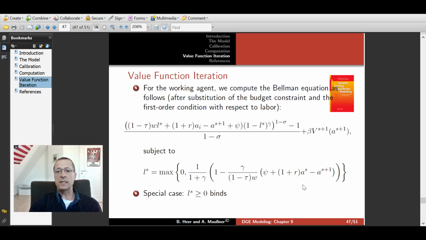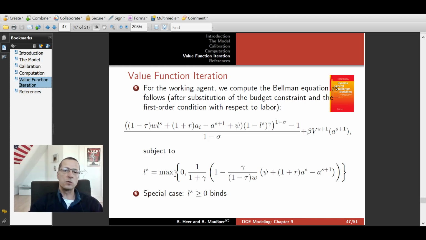In fact, this is actually possible for particular values of AS and AS plus 1. This may happen in our value function iteration problem. This was absent in the nonlinear equation problems because our optimal wealth level did not imply such a solution. But when we search over a whole grid, this is a possibility.